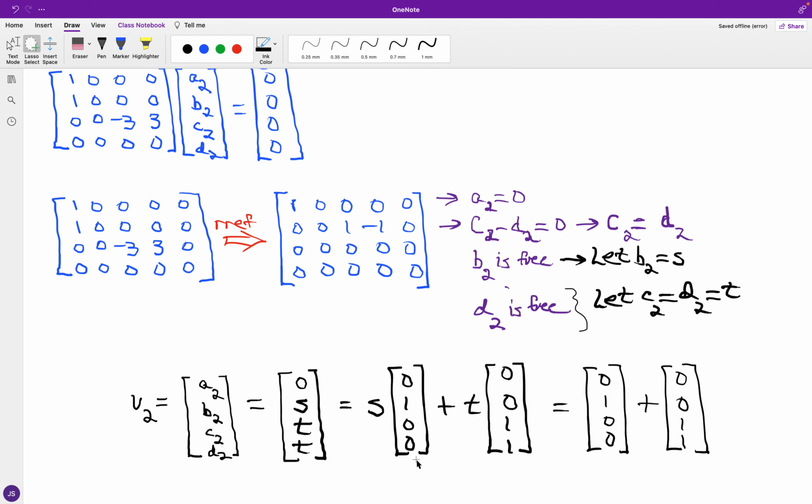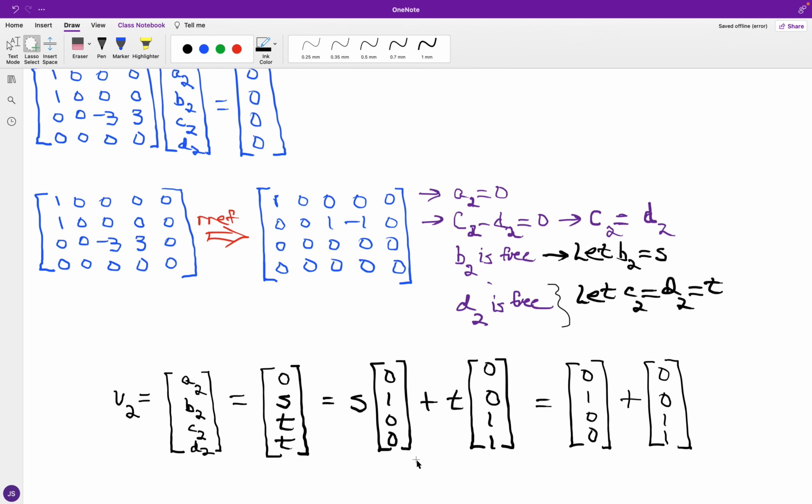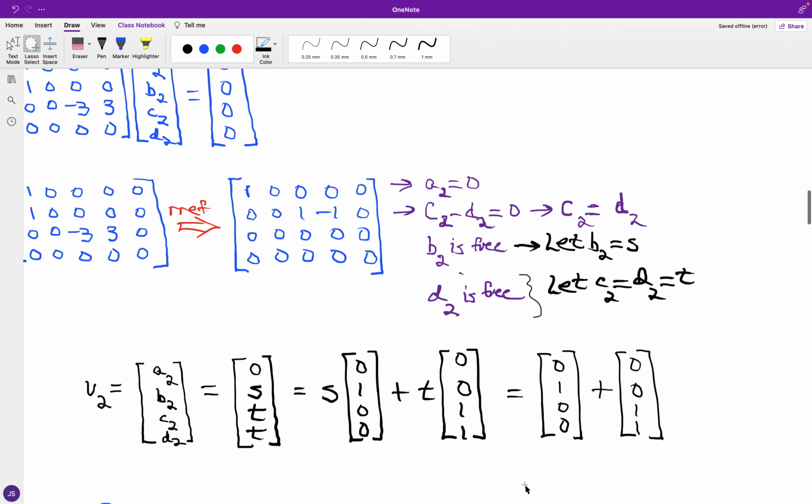And then for the next, if we factor out t, we have plus t times 0, and since s does not have any factor in t, that is also 0, and we have 1 and 1. And likewise, if you were to add together, you have 0, s plus 0 is s, 0 plus t is t, 0 plus t is t, and letting s and t again be 1.